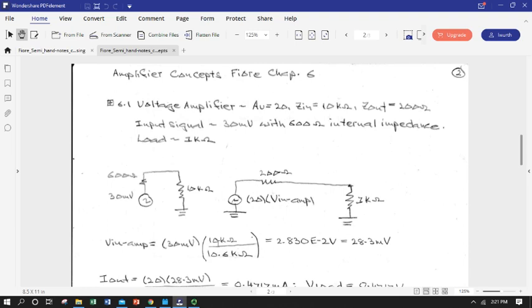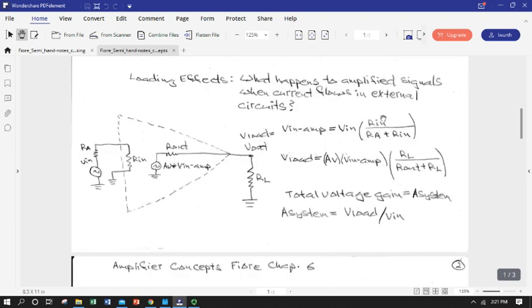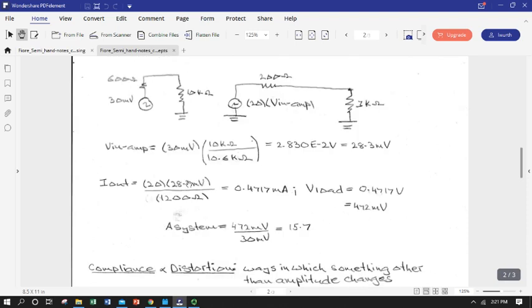So we can make our voltage divider using Kirchhoff's voltage law or this equation. So what is actually going to get into the amplifier, what our 20 times gain will operate on, is the ratio of this resistor to this one plus that one. So rather than 30 millivolts being seen at the part of the circuit that's going to apply the gain, we only see 28.3. So we lost a fair bit, not quite 10%, but close to it.